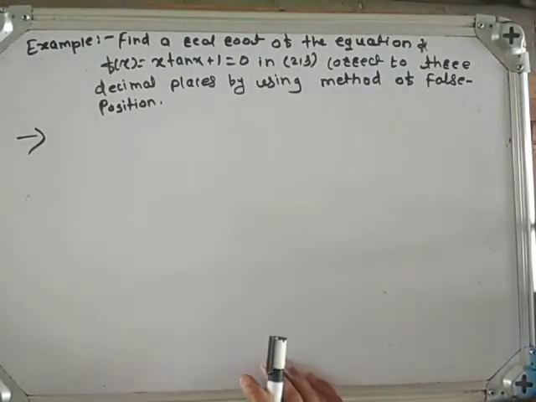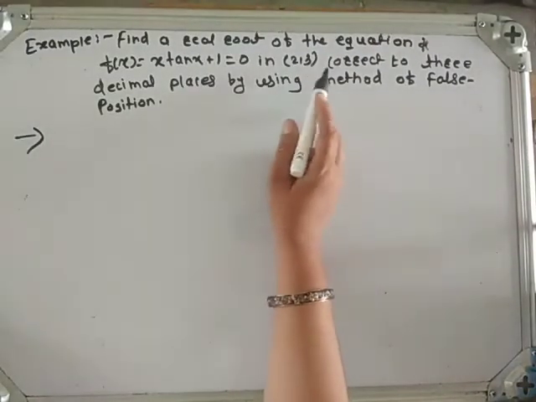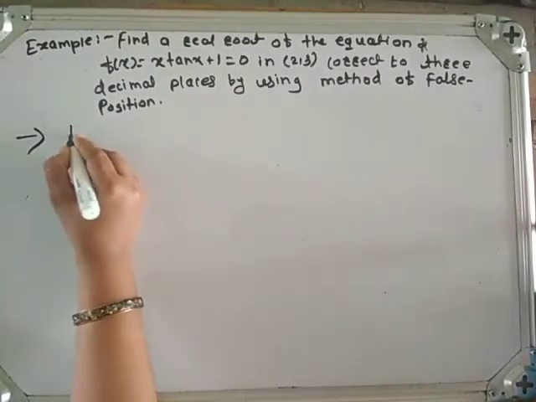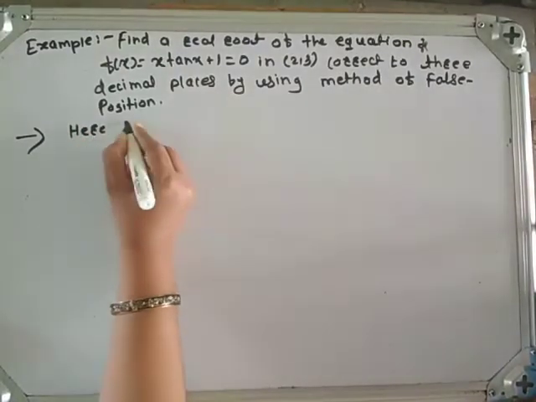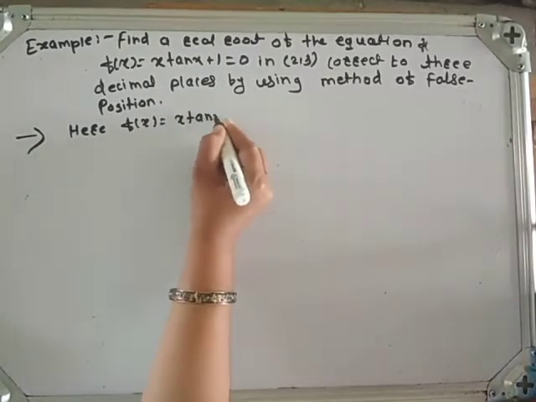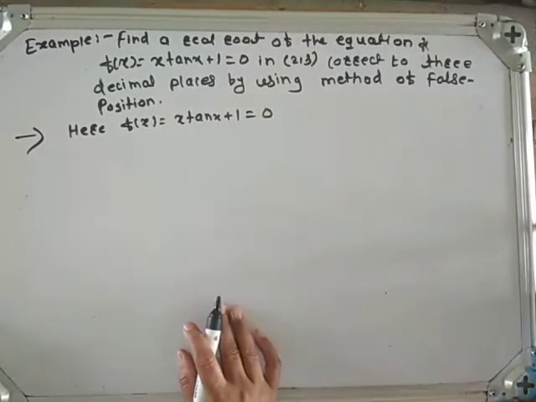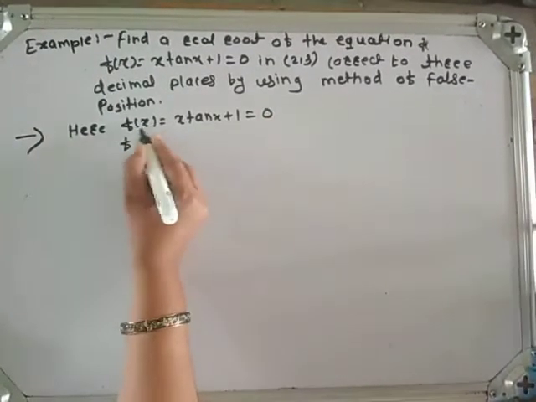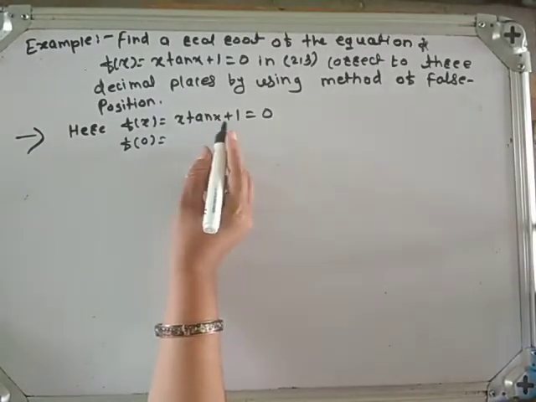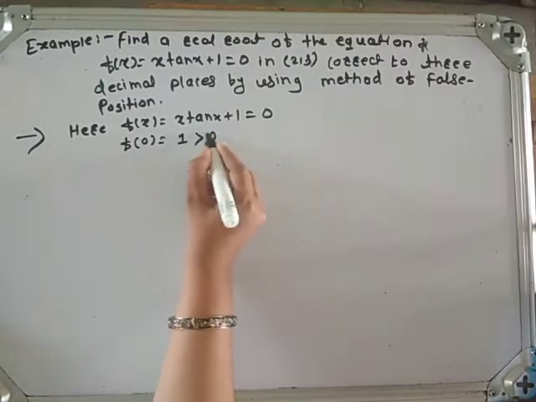We have to find the real root of the equation in the open interval (2, 3). Here f(x) = x tan x + 1 = 0. Put x = 0 in this equation: we get 0 + 1 = 1, which is greater than 0.